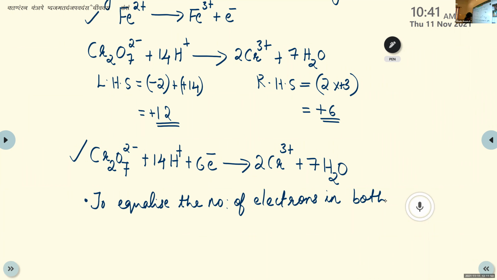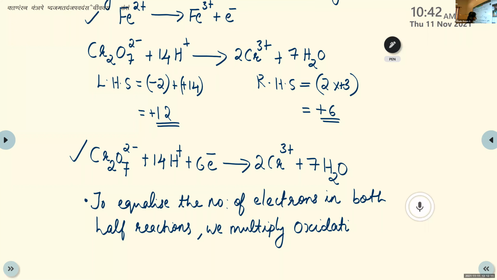To equalize the number of electrons in both half reactions, we multiply the oxidation half reaction by 6.